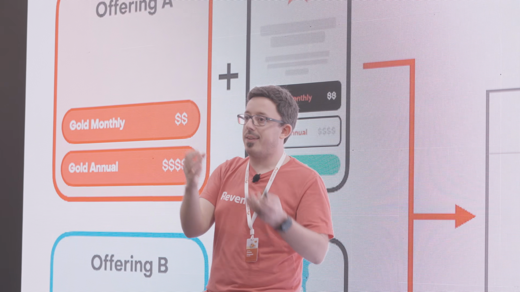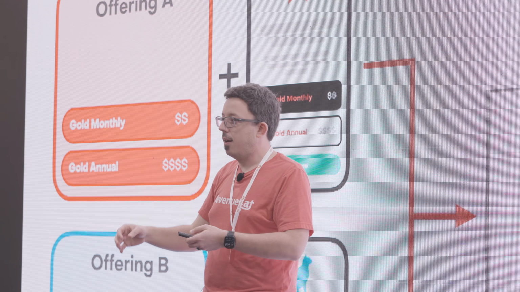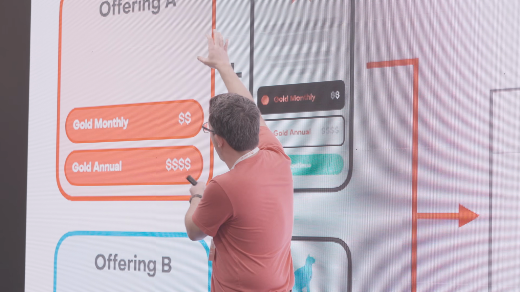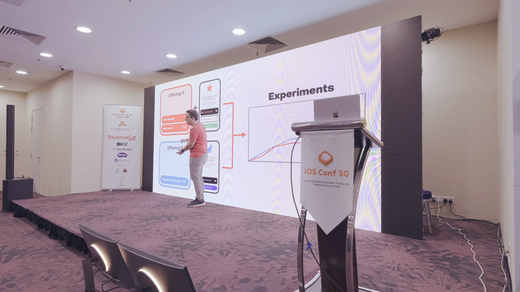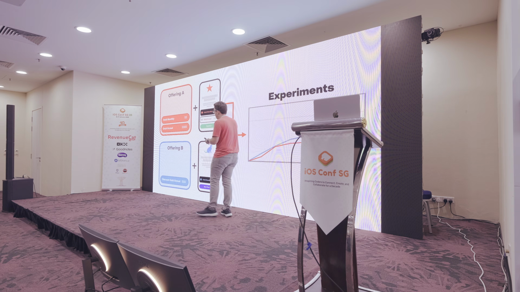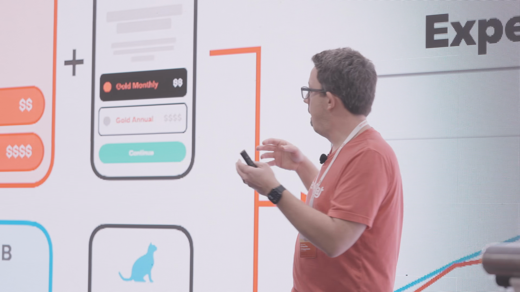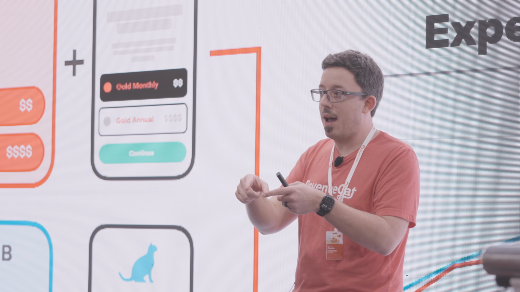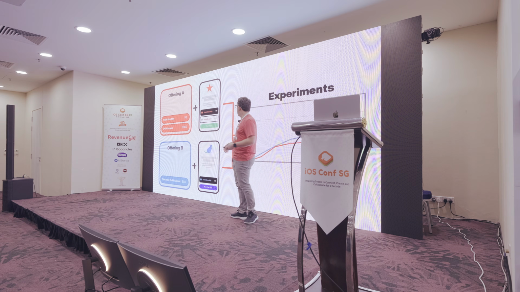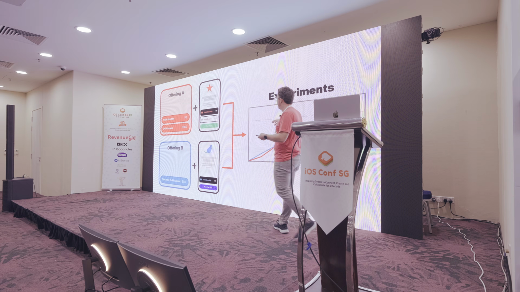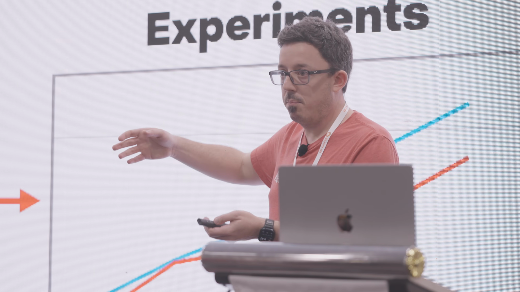So if your app has a monthly plan and an annual plan, both of those will exist inside of offering A. And so you can define an offering, and then you can define another offering, and then you can set up an experiment, and all this is on our backend, to send the app a different offering to 50% of your users either way. And then you can run an experiment to see which one performs better.